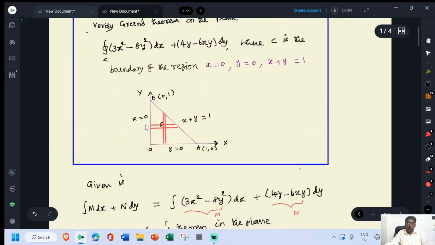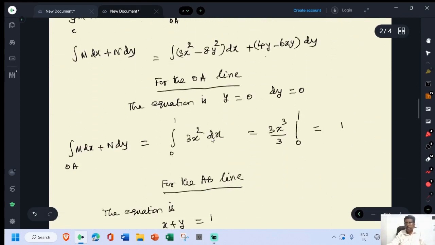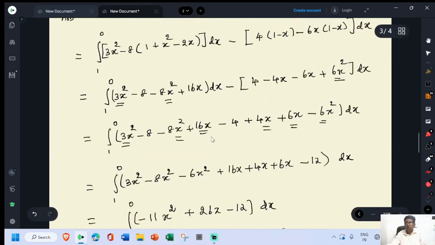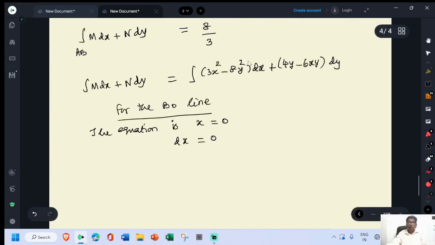We have expressed all the things in terms of y. The lower limit of y here is 1, and the upper limit is 0. Now in the above equation, put x equal to 0 and dx equal to 0. If you put dx equal to 0, this entire term is 0.